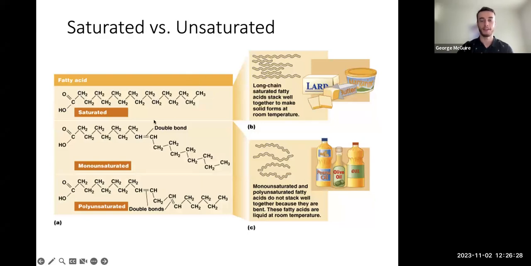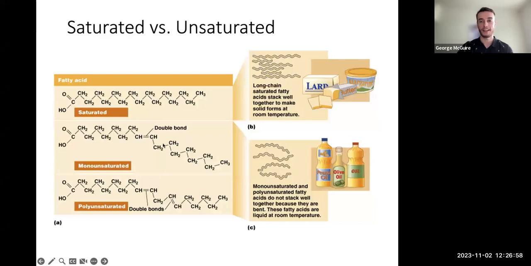An unsaturated fatty acid has at least one double bond between carbons along its chain. And since there are two bonds being held between these carbons, there's only one available bond for hydrogen on each of the carbons involved. And so I'll show another diagram that I think shows this a bit better. But again, the difference between saturated and unsaturated is that a saturated fatty acid is fully saturated by hydrogen.